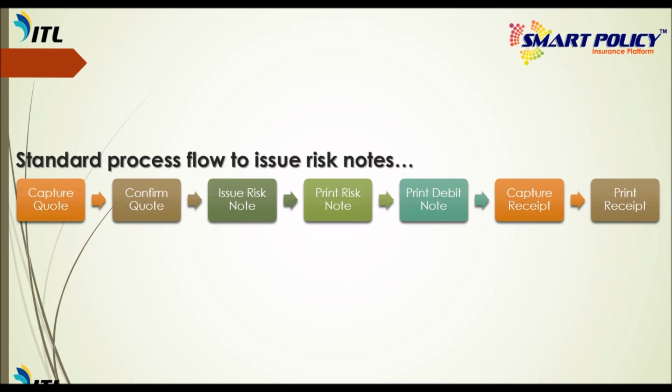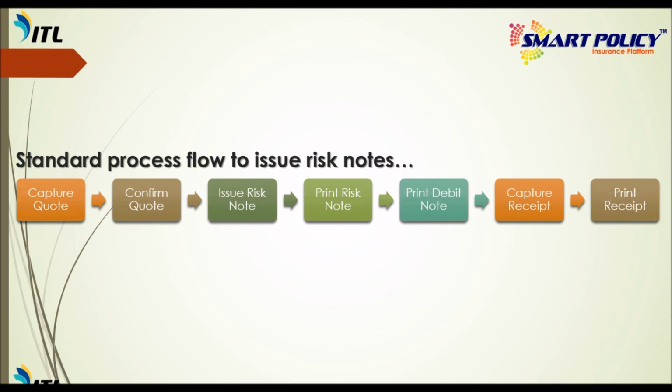Because it was multiple risk notes and we wanted to update the disk numbers, there was another option there. We went to that particular screen, just put the debit note number. We need to first identify what the debit note number is for this particular fleet. So with that debit note number, you go and update fleet info and then you update the relevant disk numbers against each of the cover notes or the risk notes, right?